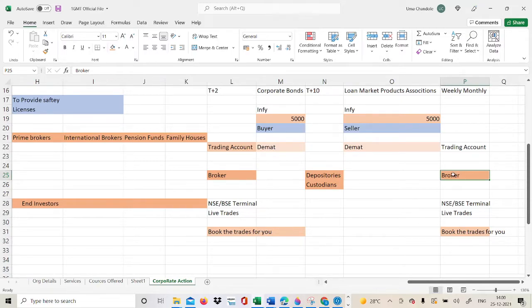And the broker can book the trades if the price matches, let's say 10 per security and the seller is also looking for 10 per security. Then the broker will book the trades into the broker system.